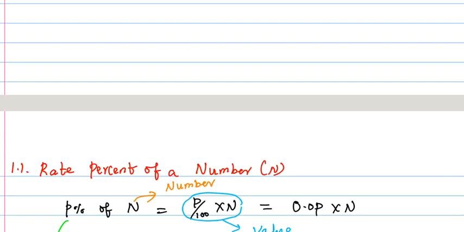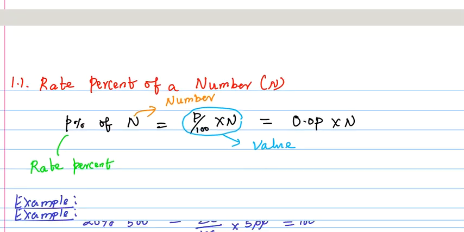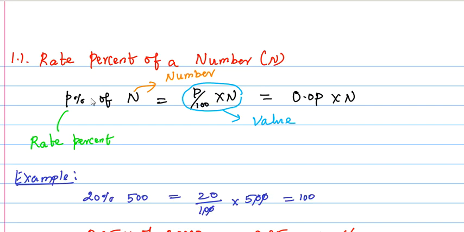Next one is rate percentage of a particular number. Suppose you want to find p percentage of a number n. It is not possible to find a particular percentage of a number directly. For that, instead of p percentage, you have to write the equal value of a fraction, p by 100.